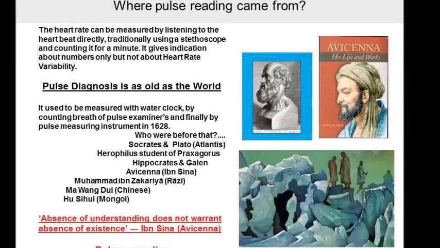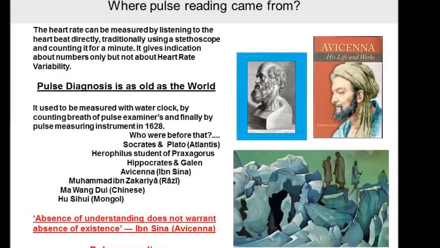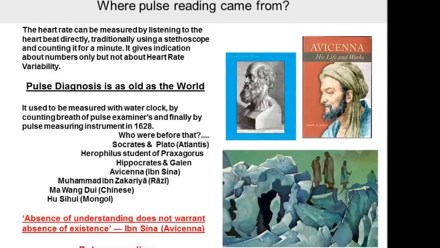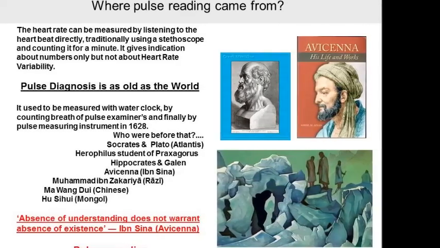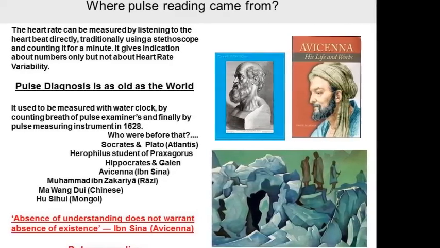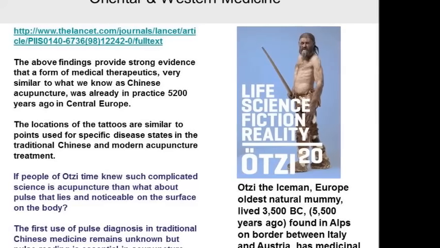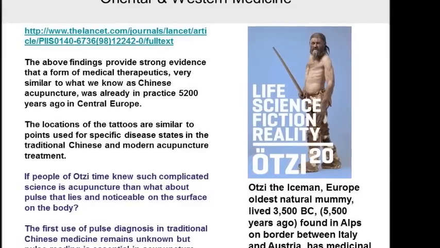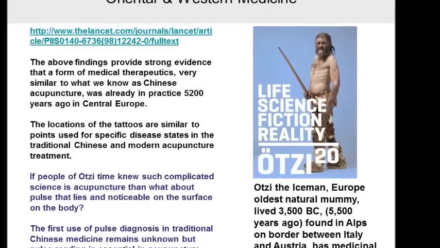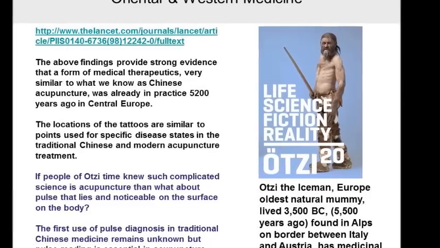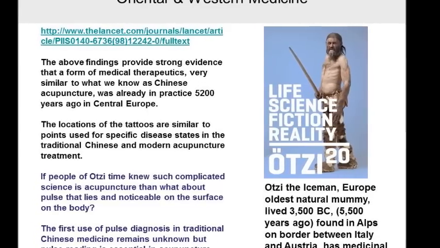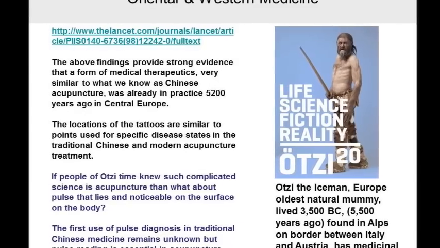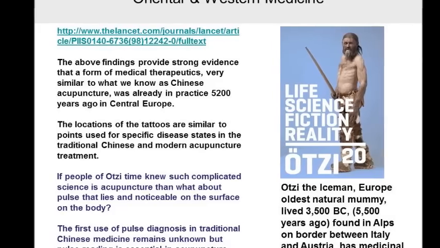In 1992, on the border between Austria and Italy, high in the mountains where the snow lies all the time, a mummy was found, a man who had been there for 5,000 years. He was mummified.